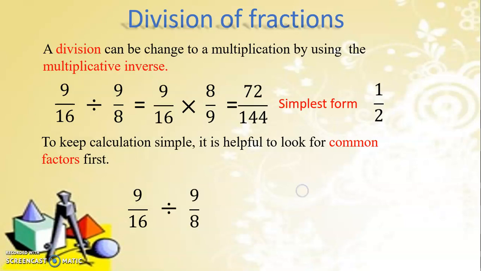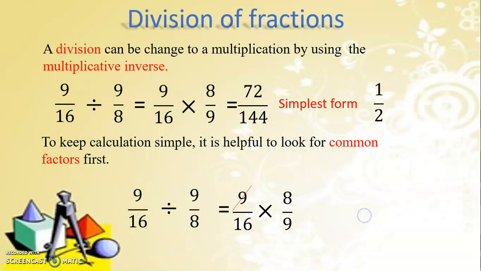The same given, 9 over 16 divided by 9 over 8 is equal to 9 over 16, then inverse it into multiplication, the reciprocal of the next fraction.